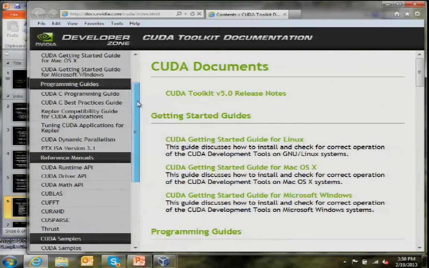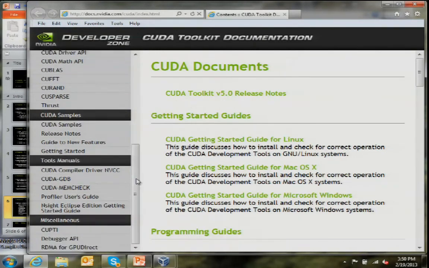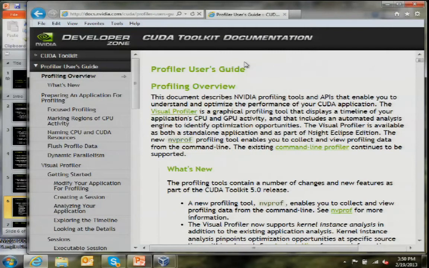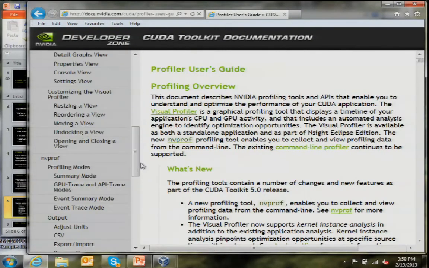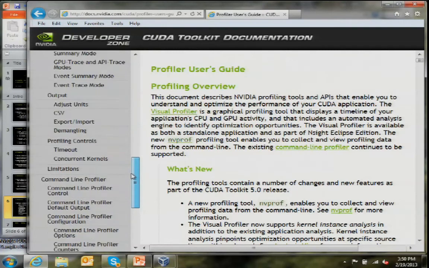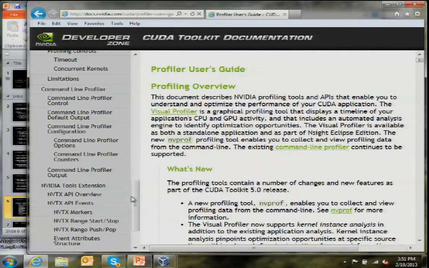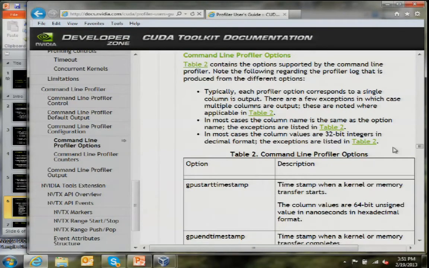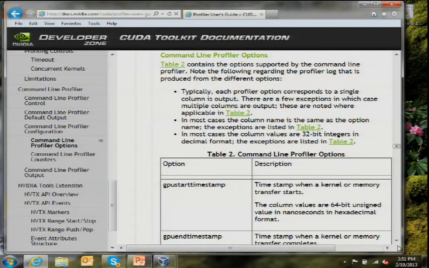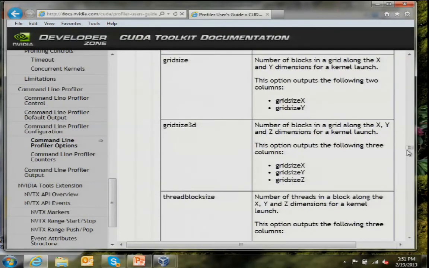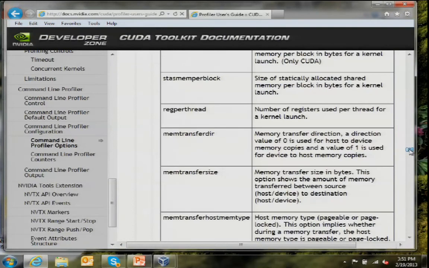On the docs.nvidia.com website, there is the Profiler's User's Guide. There is a section here that tells you all the different options that can be collected.